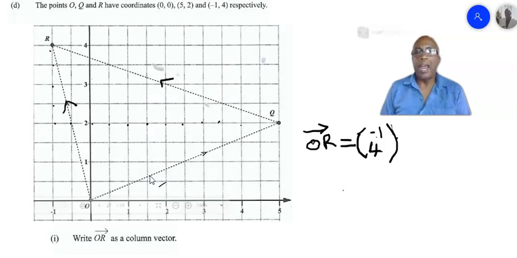So that's why vector OR is negative 1, 4.